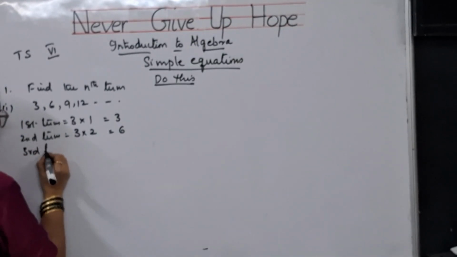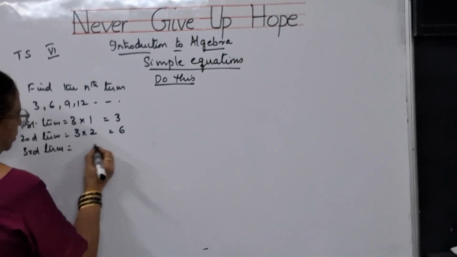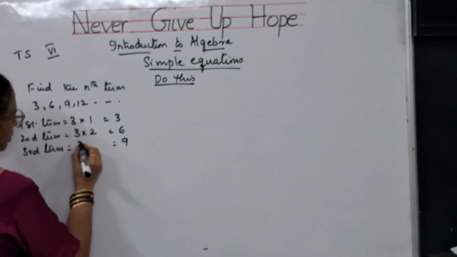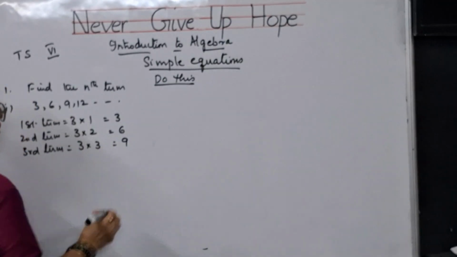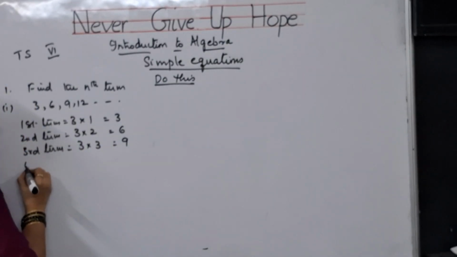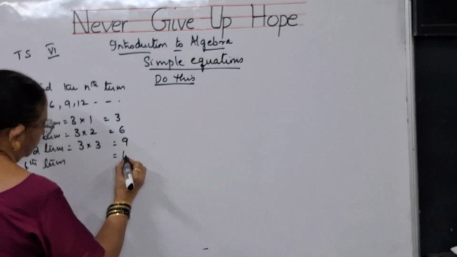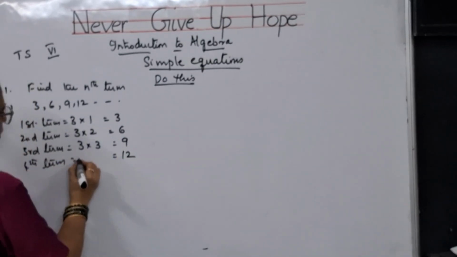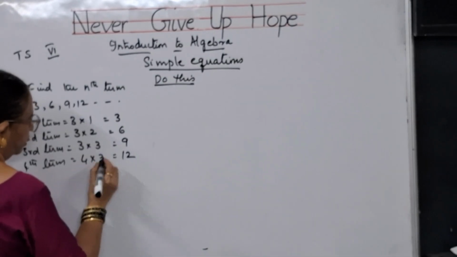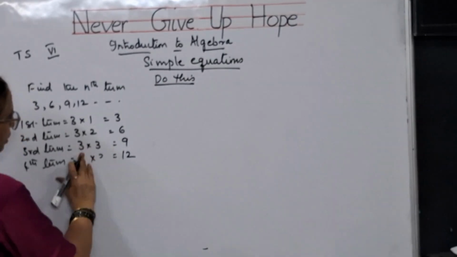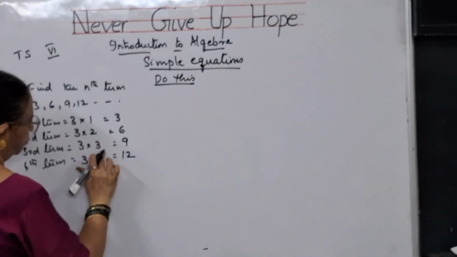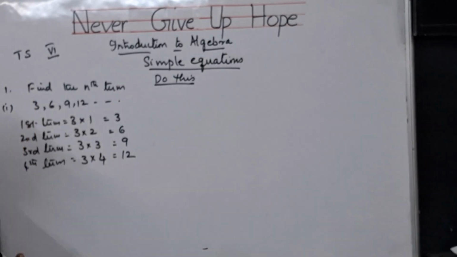What is the third term? Third term is 9. 3 when you multiply by 3, you are getting 9. And what is the fourth term? Fourth term given to you is 12. 3 when you multiply by 4, you are getting 12.